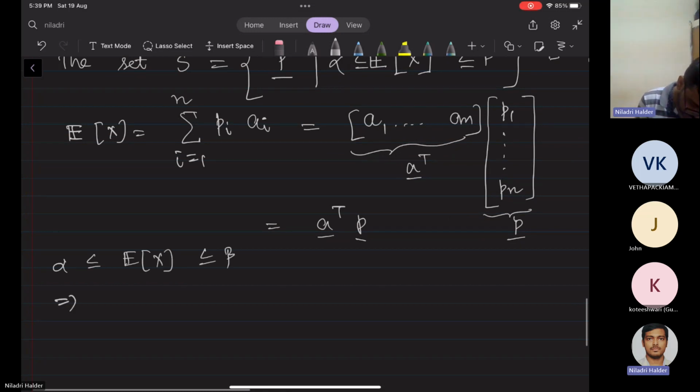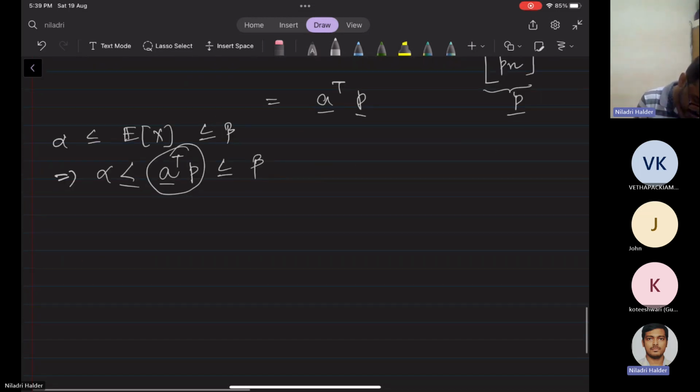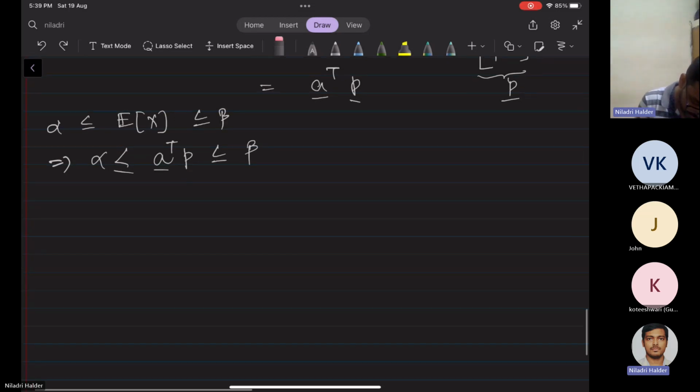That means alpha is less than or equal to a transpose p, which is less than or equal to beta, and this is a half space. There are two half spaces.